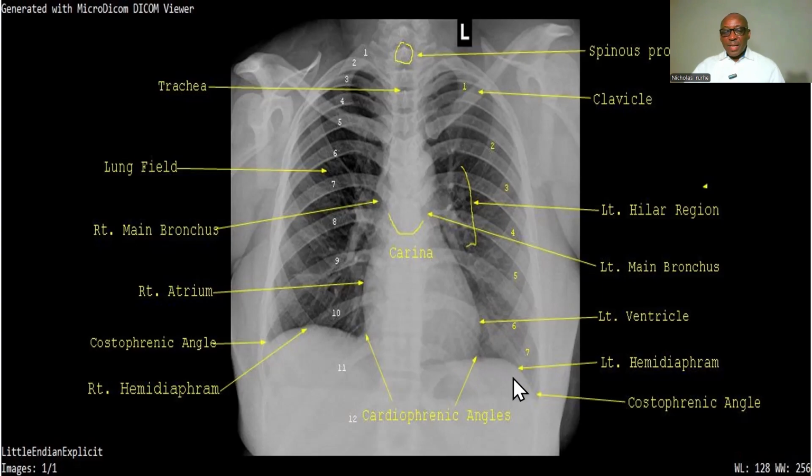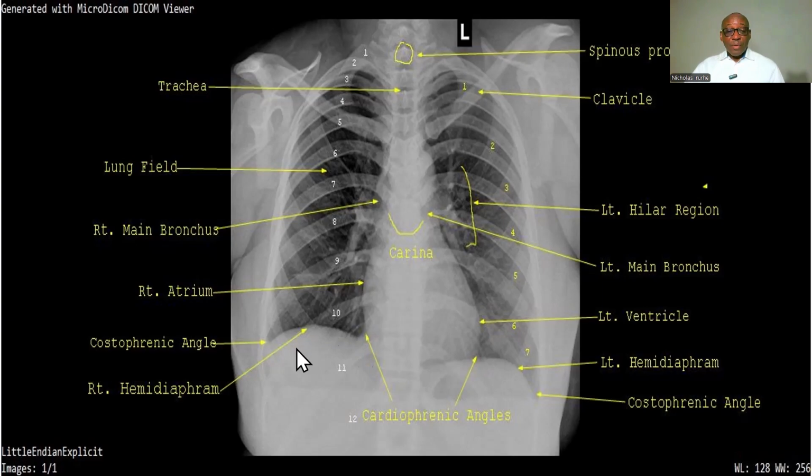So on the right side, you have the right cardiophrenic angle, whereas on the left side, you have the left cardiophrenic angle. Also, the right hemidiaphragm and the left hemidiaphragm. The right hemidiaphragm is a little bit higher than the left hemidiaphragm.